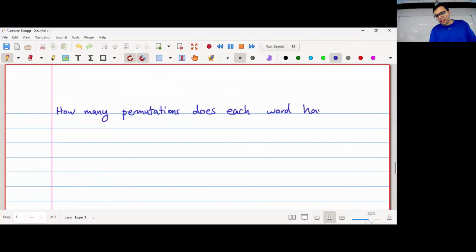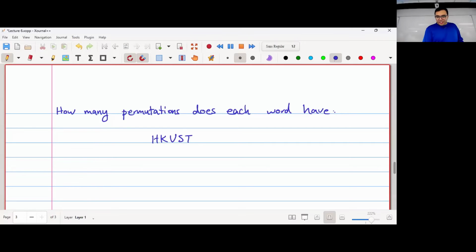So suppose that I have a word and I'm just asking in how many different ways can I order the letters in this word? How many different words can I create using this word? And they don't have to be meaningful words. So let's start with our most beloved word. Okay. So how many different permutations do we have here?